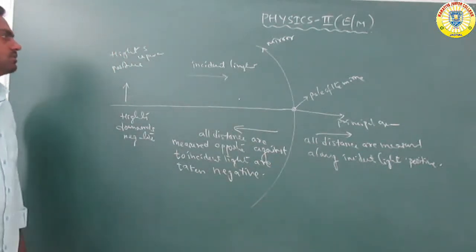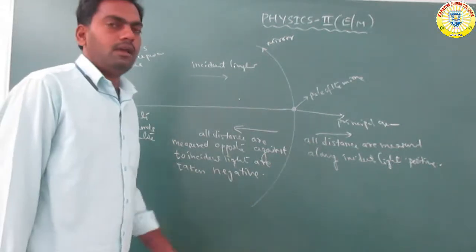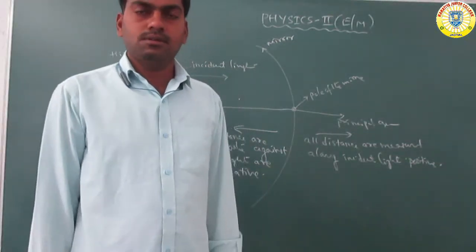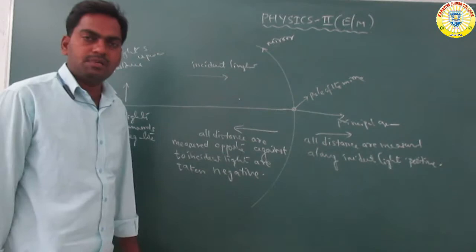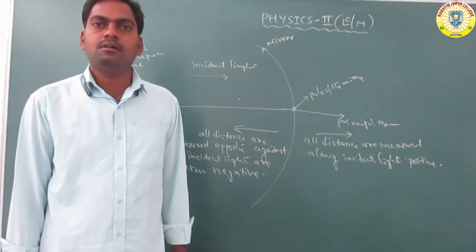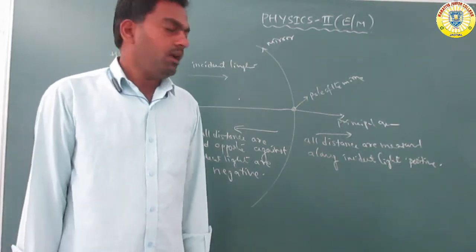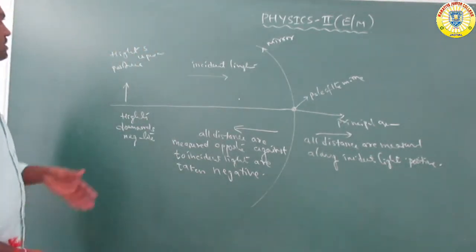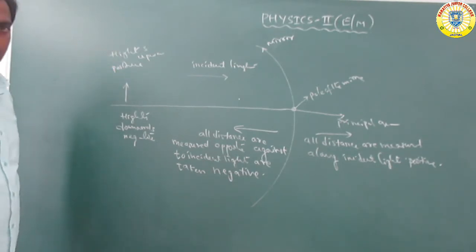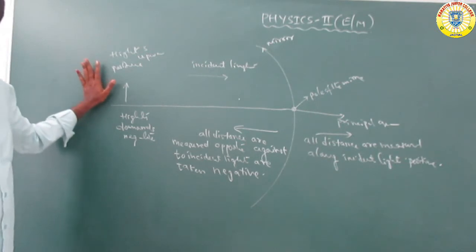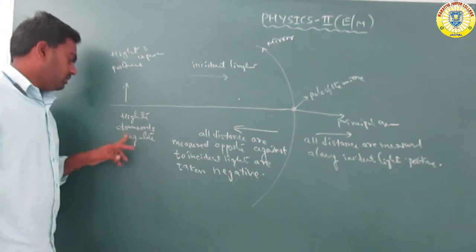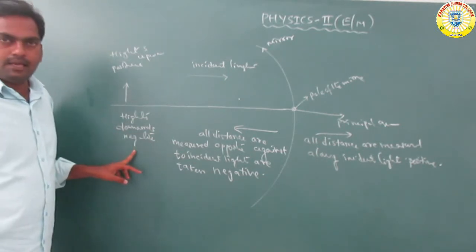So this is the Cartesian sign convention method. All distances are measured from the pole of the mirror. Heights in the upward direction are taken positive, and heights in the downward direction are taken negative.